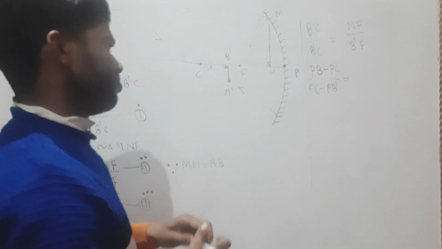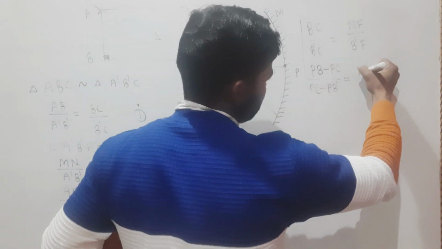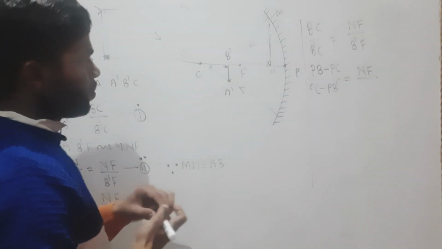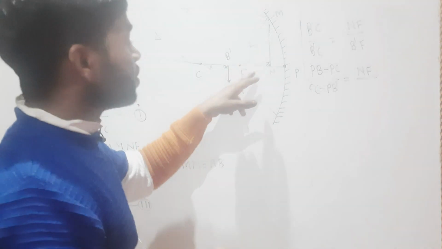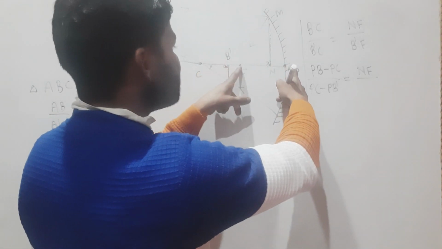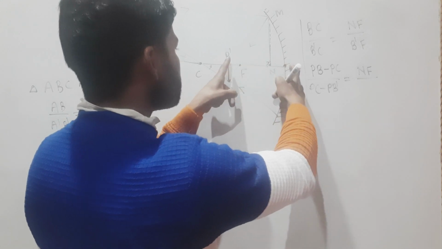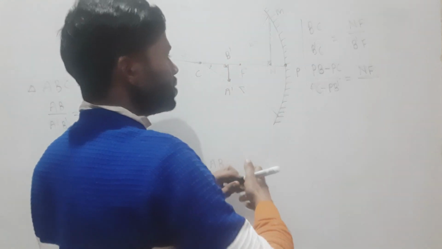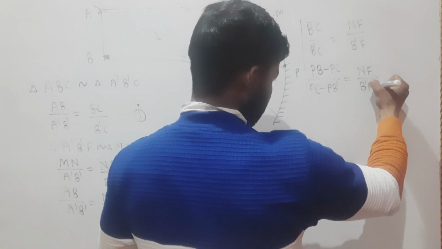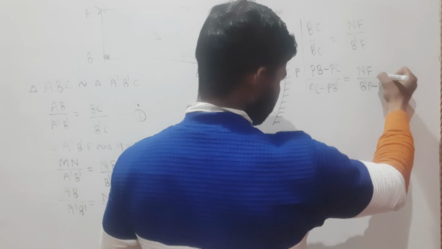NF has no change. B dash F, you can write as PB dash minus PF. B dash F is equal to PB dash minus PF.